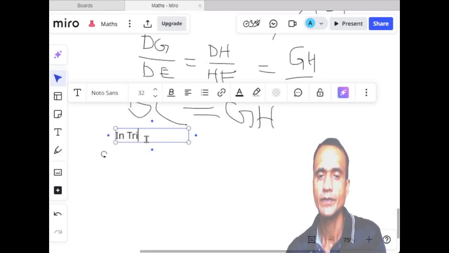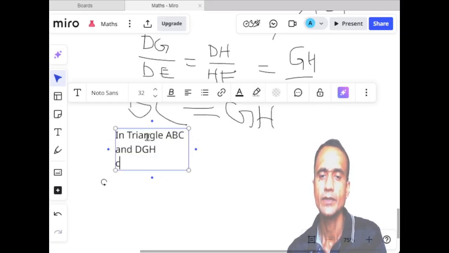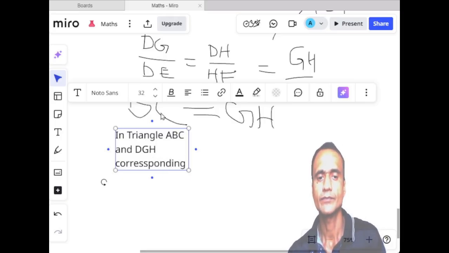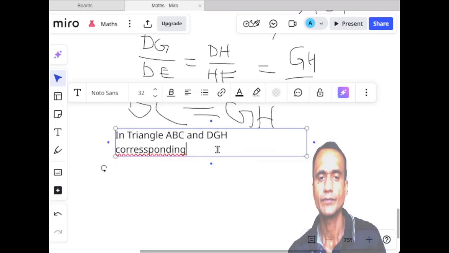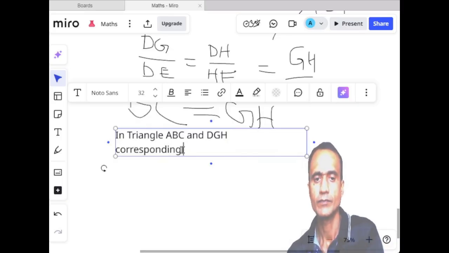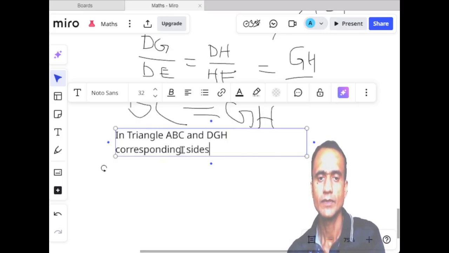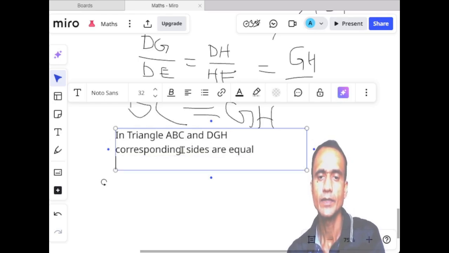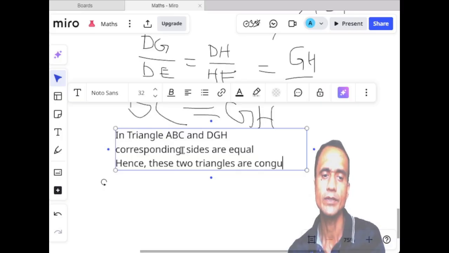So in triangles ABC and DGH, corresponding sides are equal, hence these two triangles are congruent.